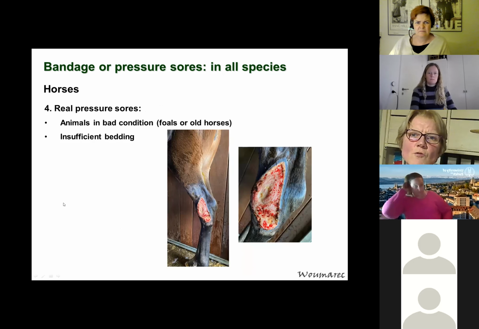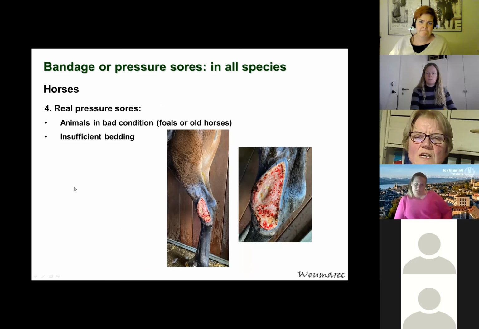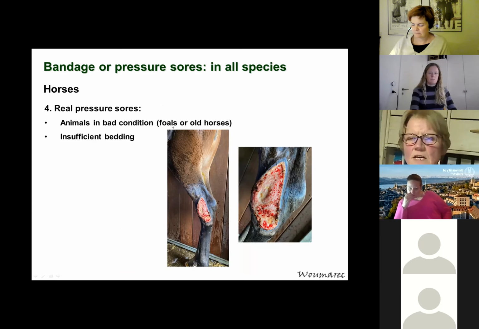The last group of pressure sores in horses are the real pressure sores, and these occur in animals in a bad condition. So sick animals, older horses, foals in a bad condition after birth, and these animals lie down a lot in the stable, and if there is insufficient bedding on a hard floor, then these sores can easily develop.